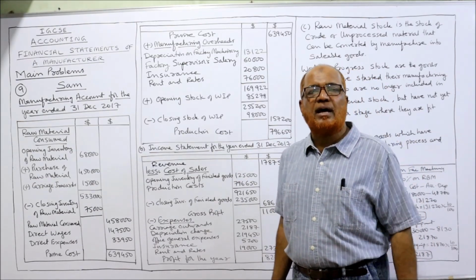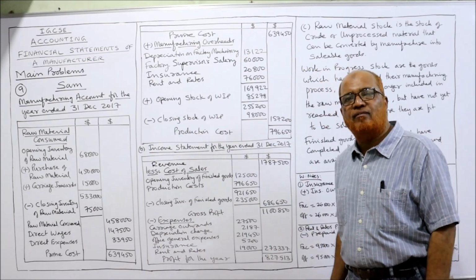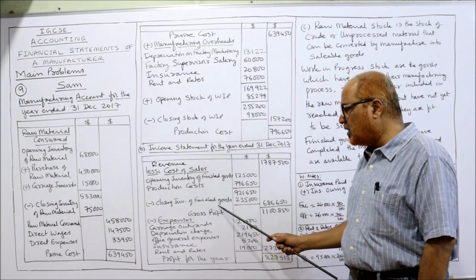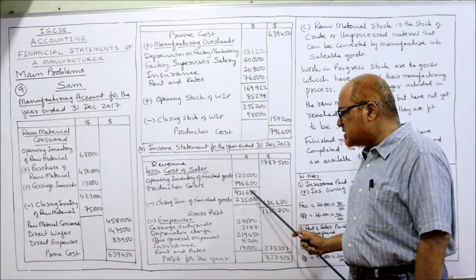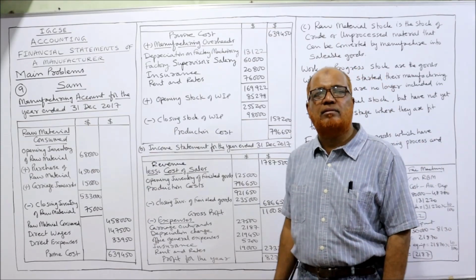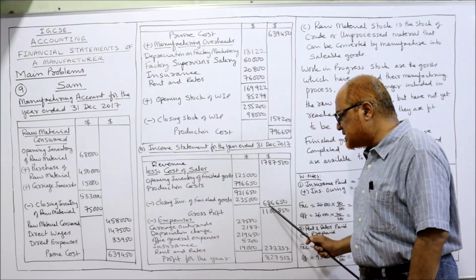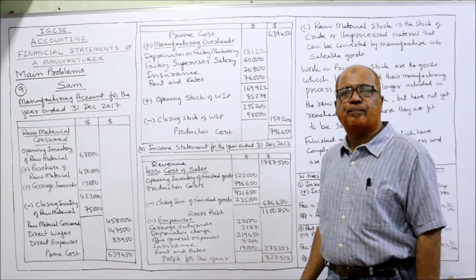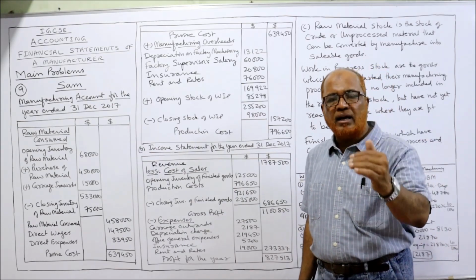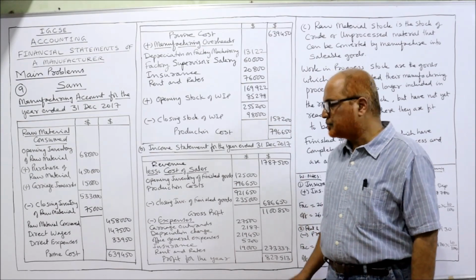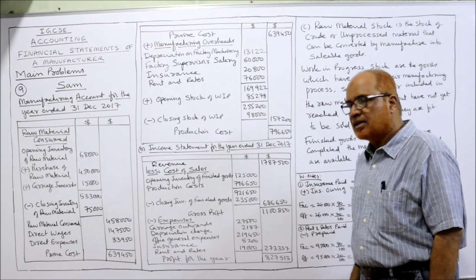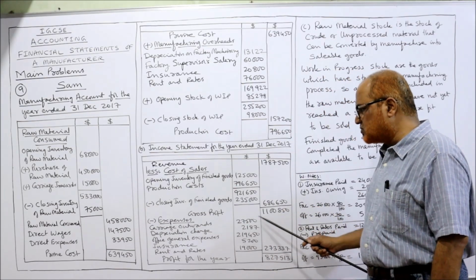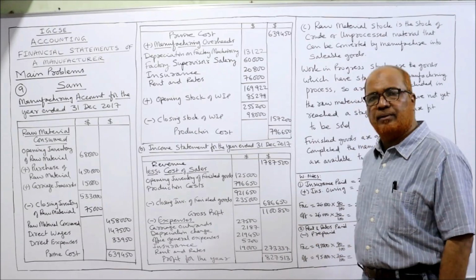From this subtract closing inventory of finished goods, 2,35,000. Subtract, we'll get cost of sales. How much is the cost of sales? 6,86,650. Now revenue minus cost of sales, we'll get gross profit, 11,850.